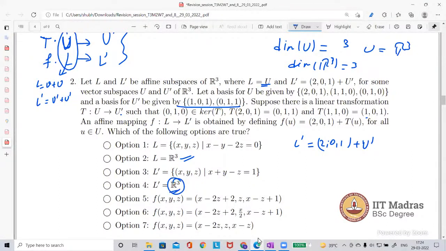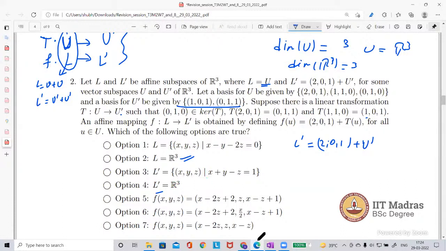Dimension is not the word to use for L prime here, because the dimension word is used for a subspace, not for an affine set. So you need to find the corresponding subspace of L prime. If you come out with the corresponding subspace, it is actually the same R3.